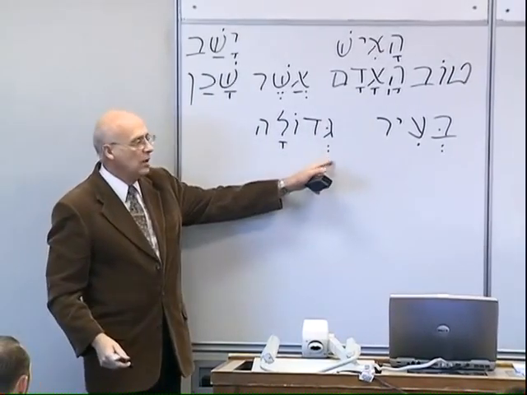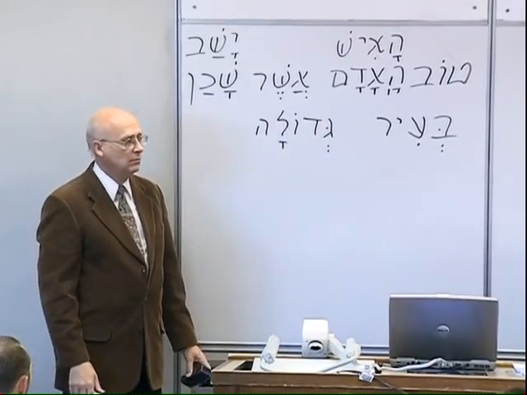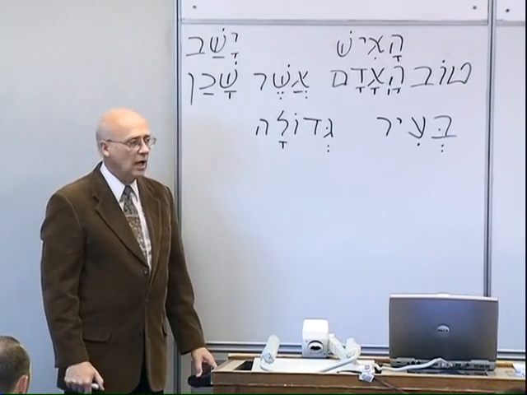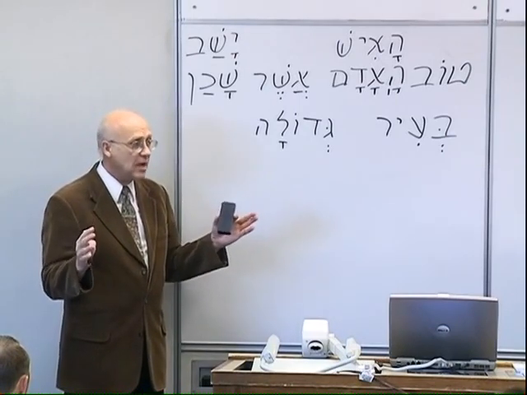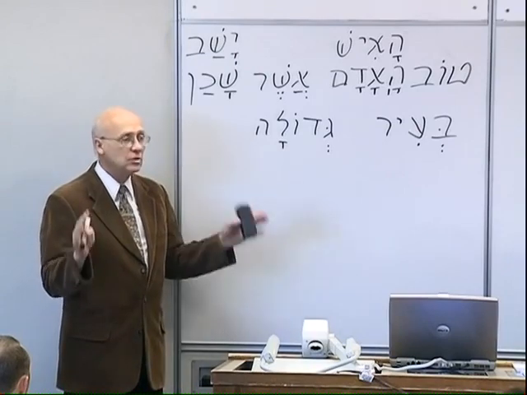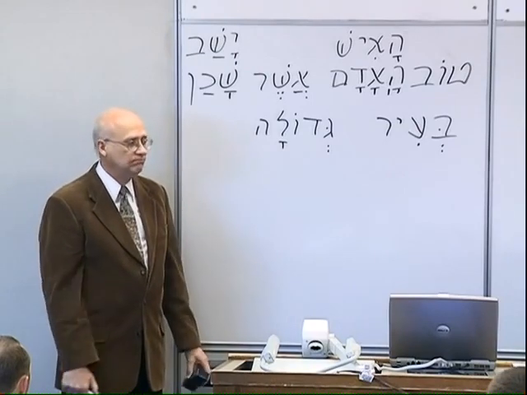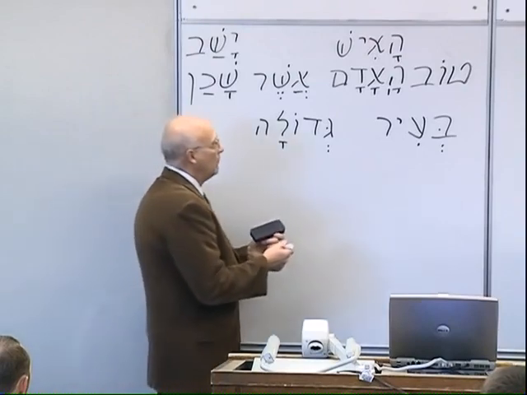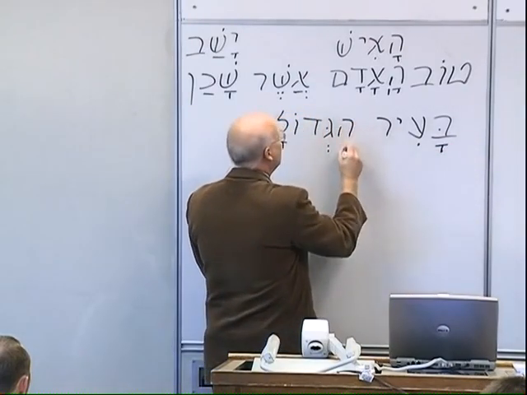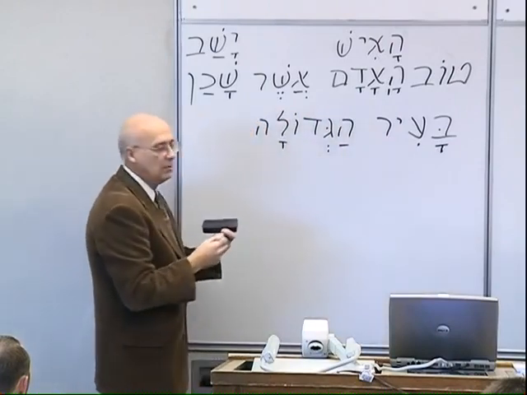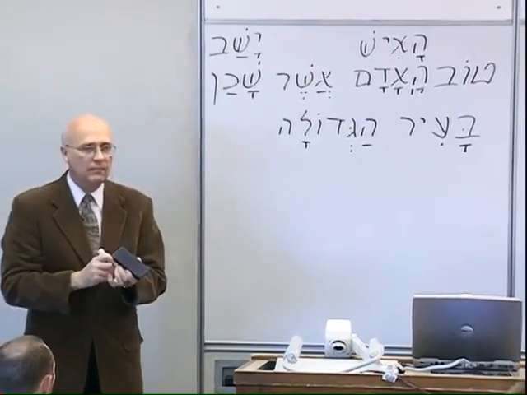A vocal schwa to begin it. Gedolah. Remember, you shorten that third syllable back as short as possible. And this is the shortest possible. Okay? But since we have an article here, we have to have an article here. Does that help, Kyle? Yes.